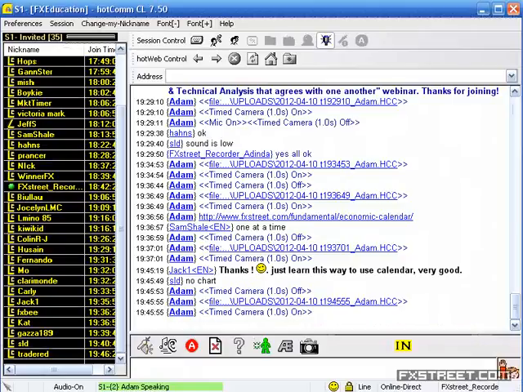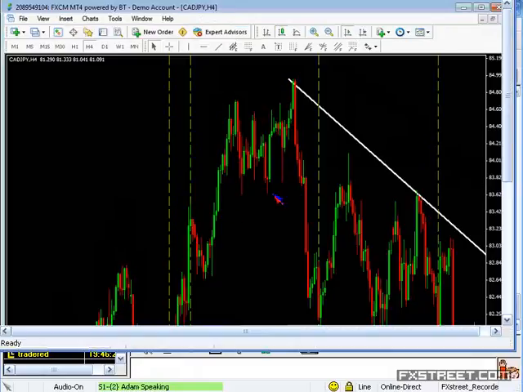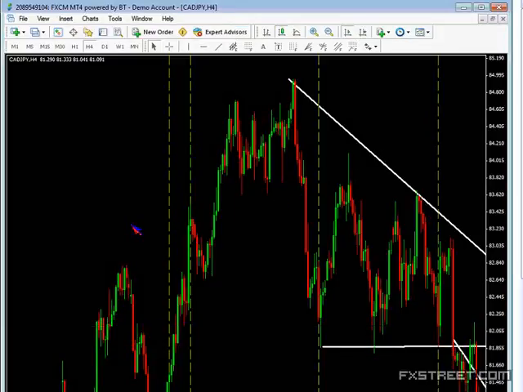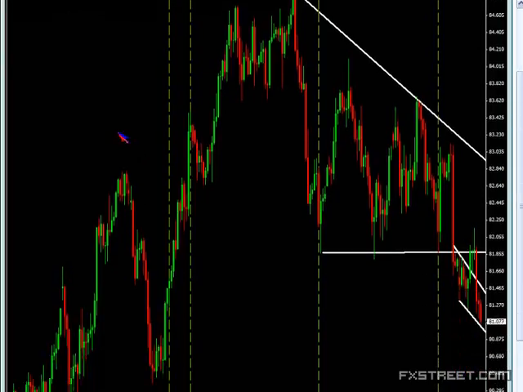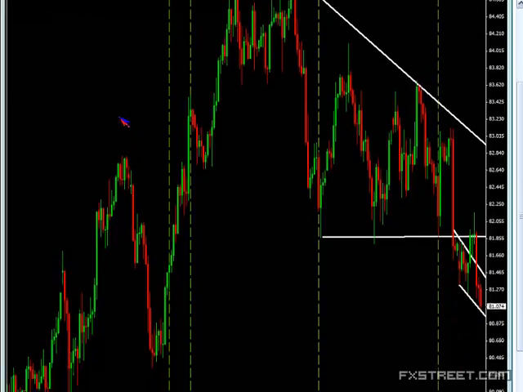I'll refresh the chart here. So the consensus is basically a bunch of analysts getting together and guessing which way the CPI is going to go. If you ask 10 different people the same question, you're going to get different answers. So I'll take the consensus with a grain of salt. And what I'll actually do, if you have the time to do this, it's really valuable: look at a couple different calendars.